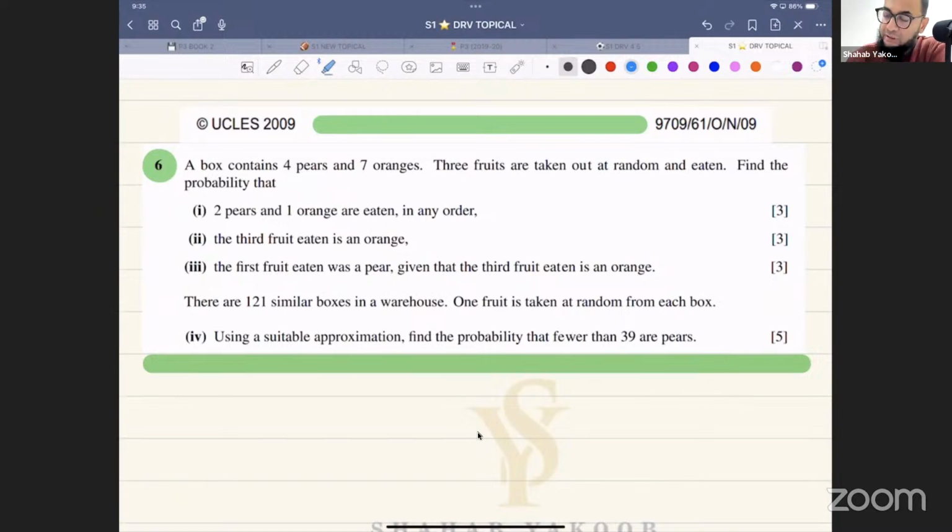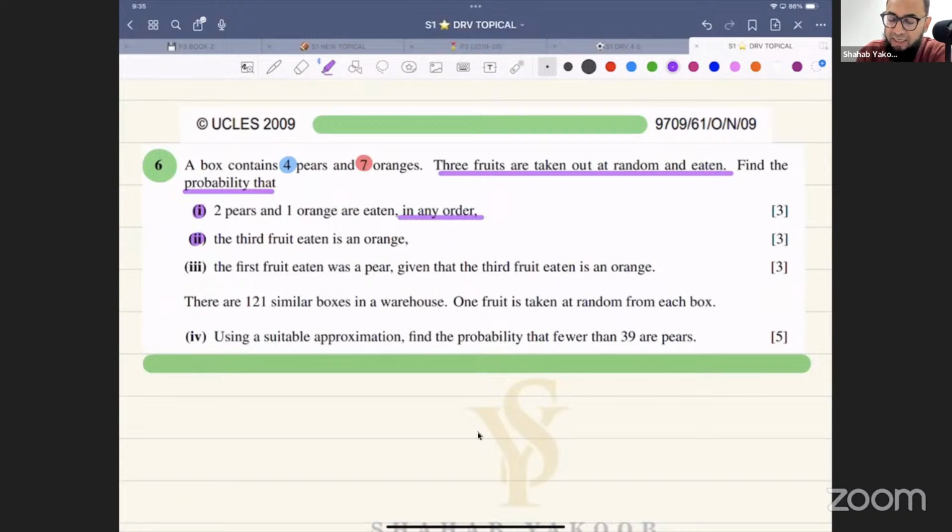Let me choose the color blue for the pears and red for the oranges. 3 fruits are taken out at random one by one and eaten. Find the probability that 2 pears and 1 orange are eaten in any order.